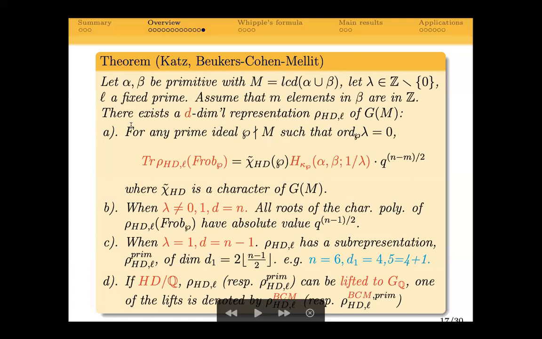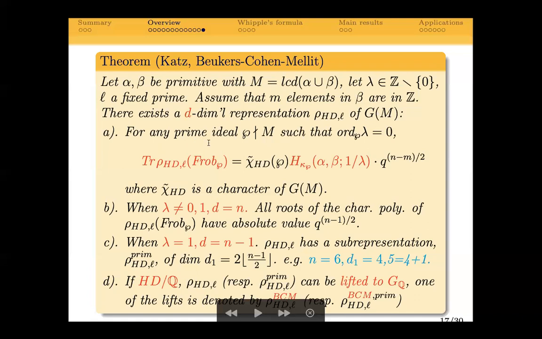The conclusion is that there is a finite dimensional Galois representation of G_m, the absolute Galois group of the cyclotomic field, that is, Q adjoining the primitive m-th root of unity.